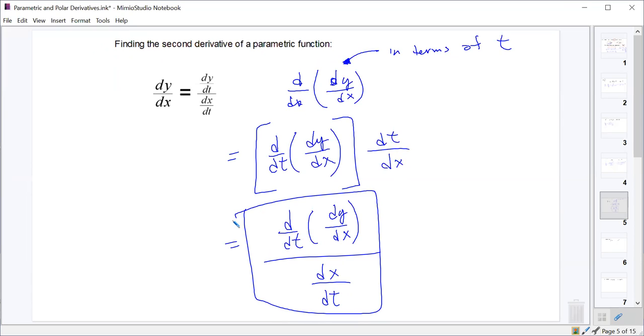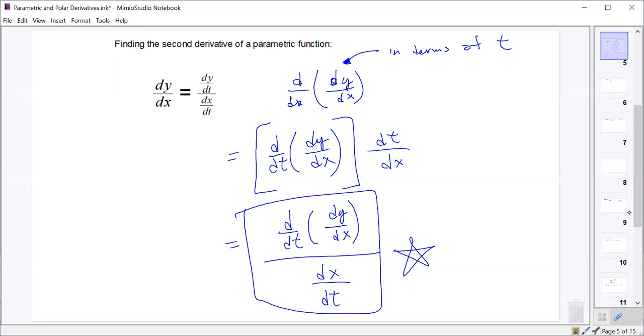So it is not just the second derivative of y divided by the second derivative of x. It's the derivative with respect to t of dy dx divided by dx dt. And so it's very important that we remember this formula for finding the second derivative of a parametric.